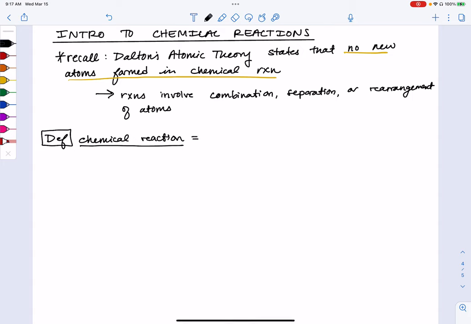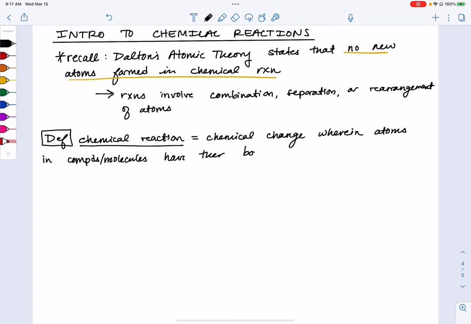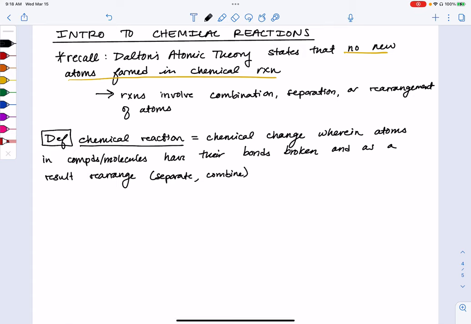By definition, a chemical reaction is some kind of chemical change wherein the atoms in compounds or molecules have their bonds broken and as a result rearrange or separate or combine, and form, as a result, new bonds to one another.